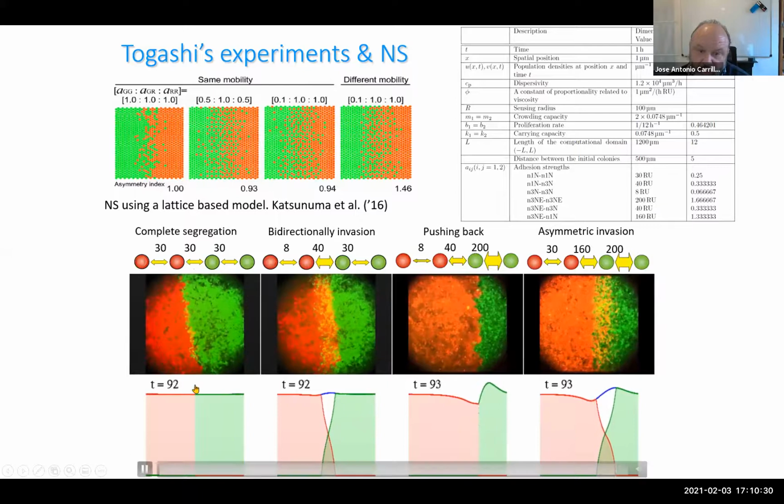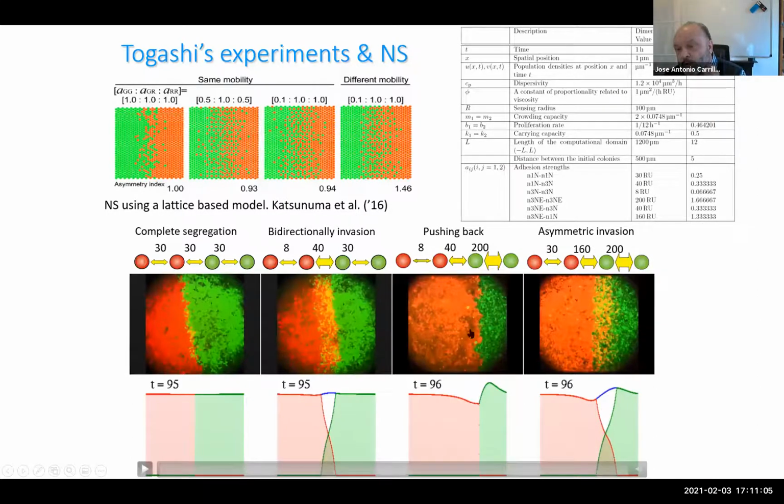As I said, when the cells express at the same level the proteins that control the differential adhesion, the adhesion between the different cells, then there is a sharp interface. As soon as you change the strengths, as soon as you have a differential adhesion between the 2 types of cells, then you have a certain intermingling zone, and here you see the area of mixing.